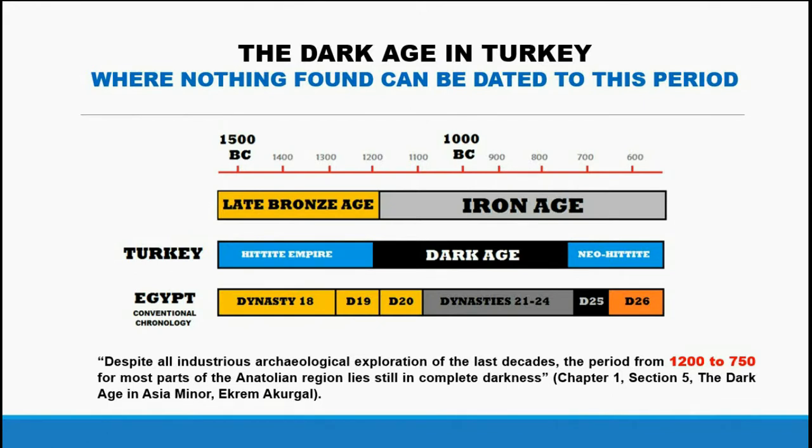So, has the Imperial Hittite Empire been dated centuries earlier than it should have been? Did it rule over and at the same time as the later Neo-Hittite city-states of Syria much later in time? And how does this impact on our dating of Ramses the Great and the 19th dynasty?